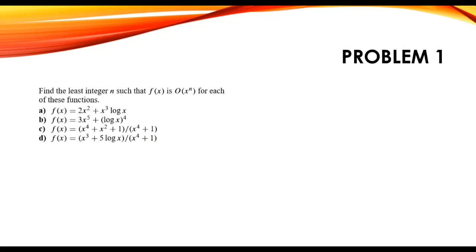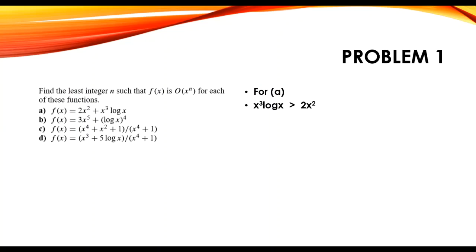First, we need to determine which of these two terms is bigger. Is 2x squared bigger than x cubed log x, or is x cubed log x bigger than 2x squared?